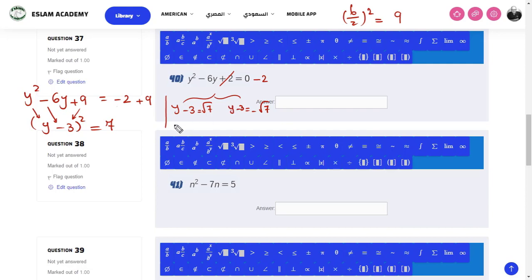Now by adding 3, y is equal to the square root of 7 plus 3, or y is equal to negative the square root of 7 plus 3. By rounding, you will find that the first answer is 5.6, and the second one is 0.4. So the solution is 5.6 or 0.4.